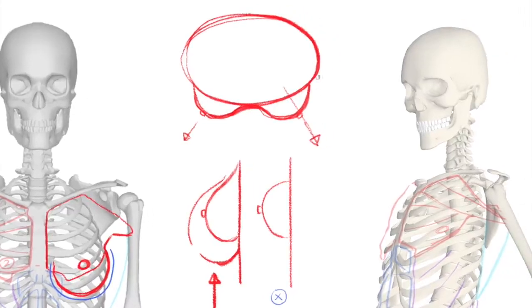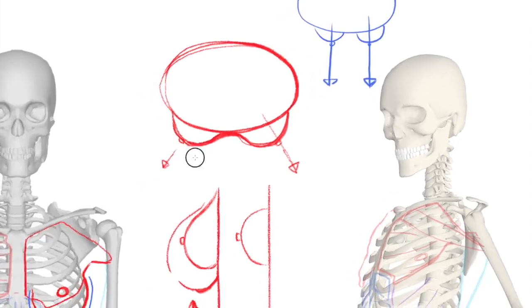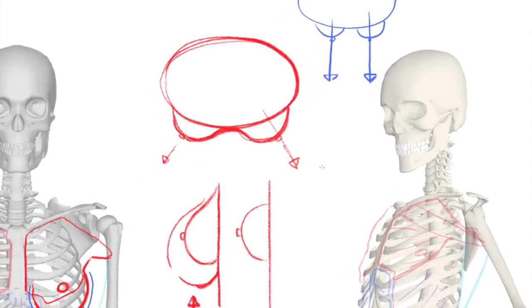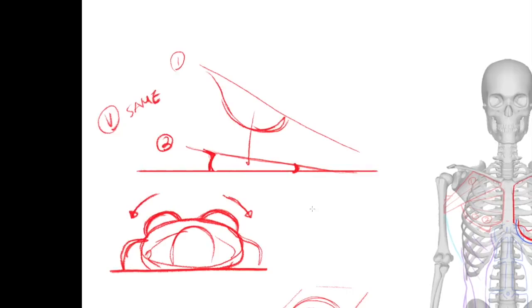The nipple direction and the breast direction usually don't look straight to the front. They actually lean slightly over to the side. So don't forget that.